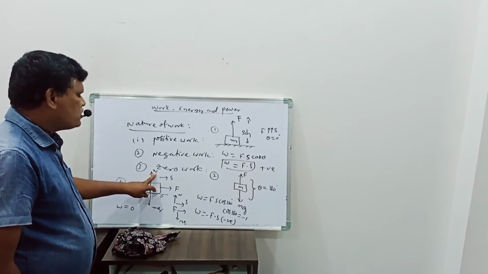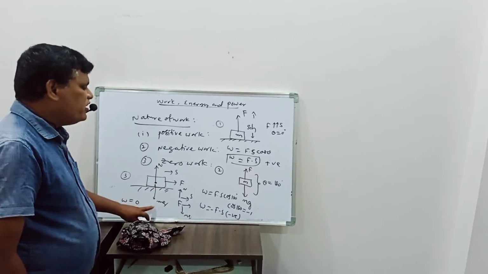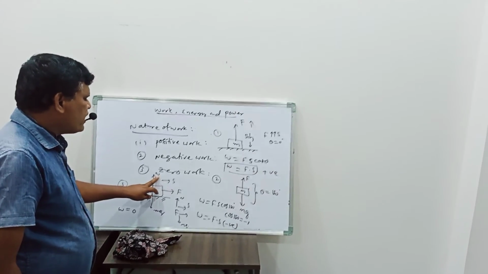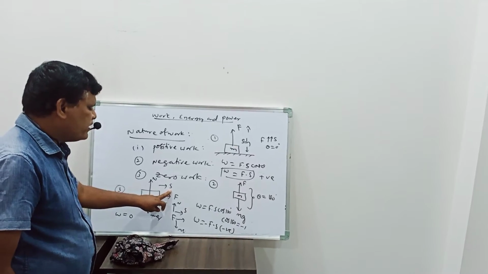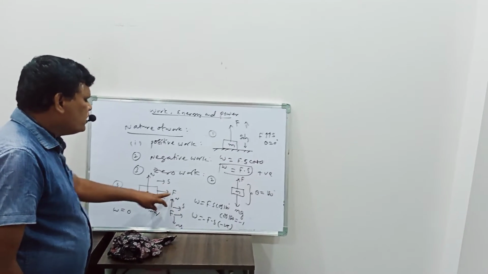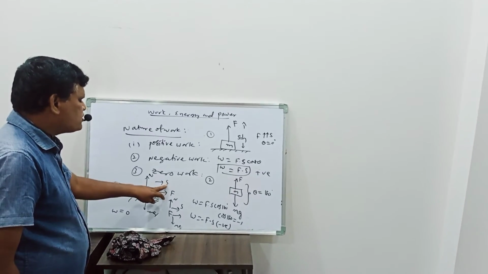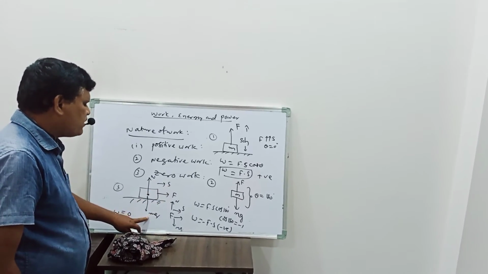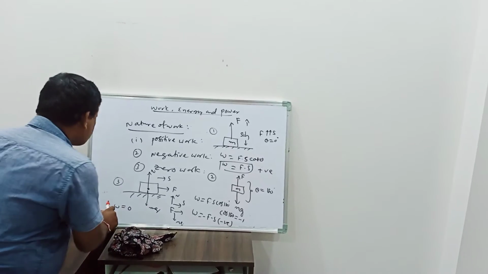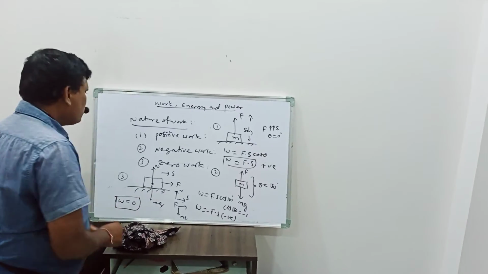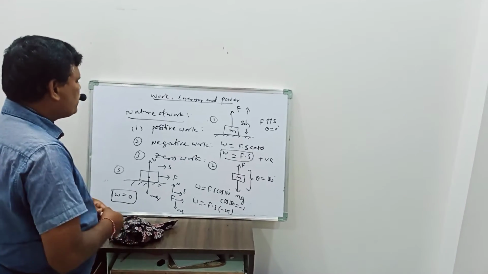The normal reaction is perpendicular to the displacement, so work done is 0. Even the weight is perpendicular to the displacement of the block, so work done is 0. So these are the three types of nature of work.